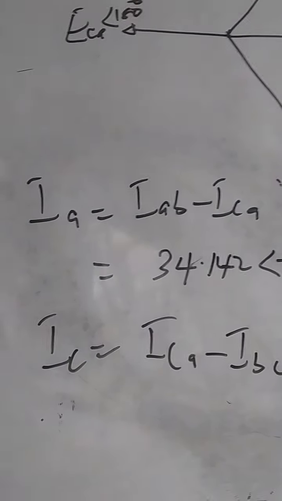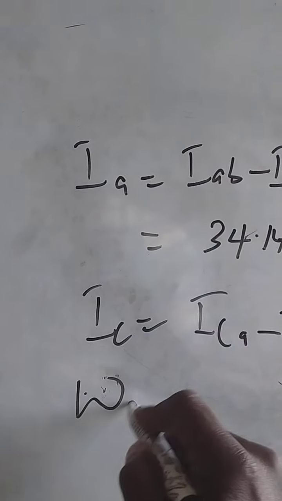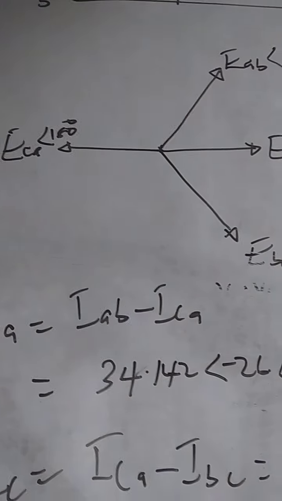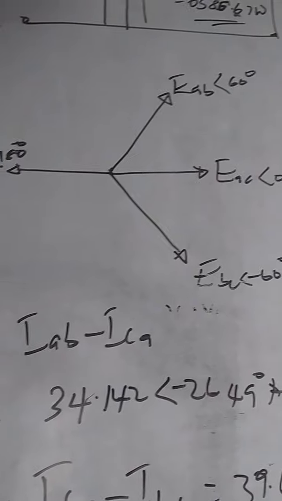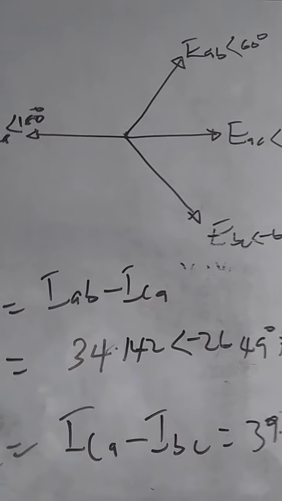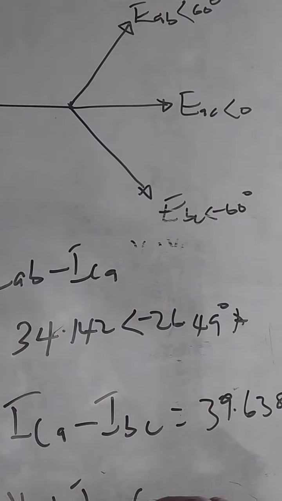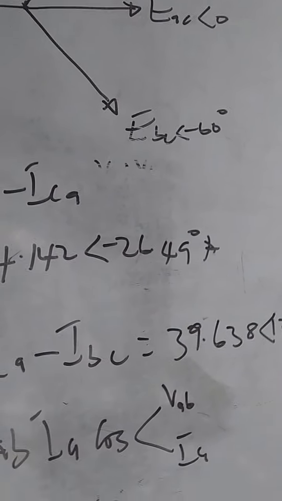Then from there, you can now find the wattmeter reading. The wattmeter reading of A will be the voltage across wattmeter A, this is VAB, so it will be VAB times IA cos VAB IA.